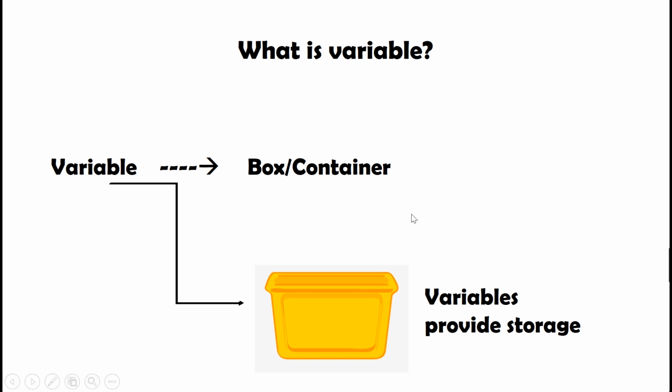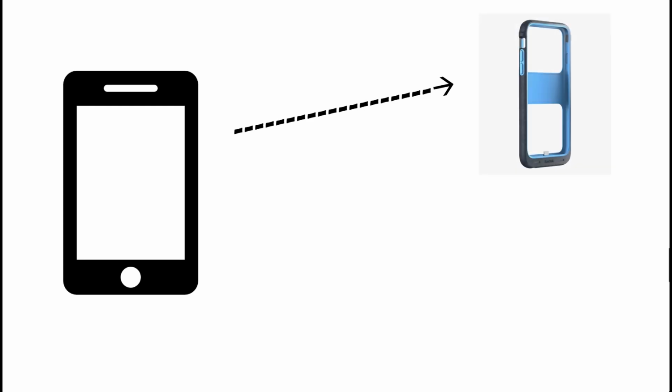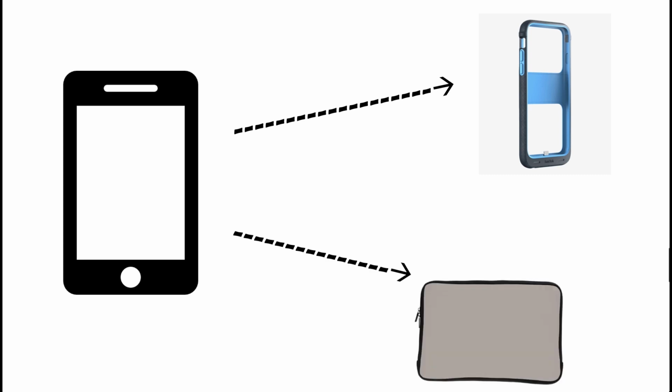So let's see, there is a mobile. We can cover our mobile with a mobile cover or mobile case. We can easily do that. And we can also store our mobile in a laptop bag. We know that a laptop bag is a big container for our mobile.